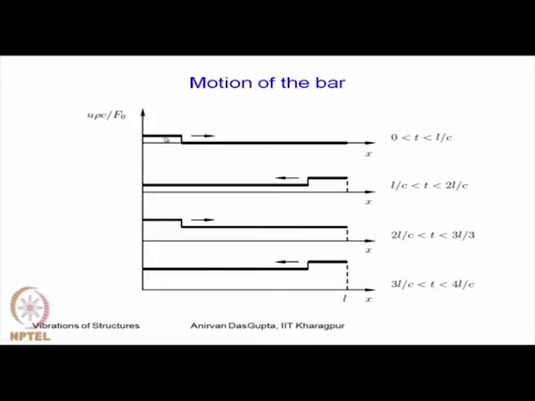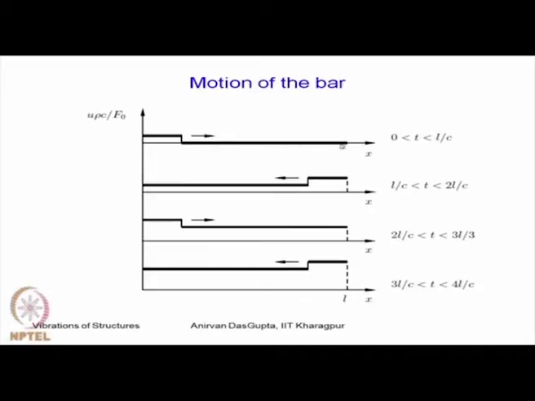This is the actual displacement of the bar, it is shown in the transverse direction, and this front propagates at a speed c as we have seen. Now, this portion of the bar yet does not know that there is an impulse given to the left end of the bar.